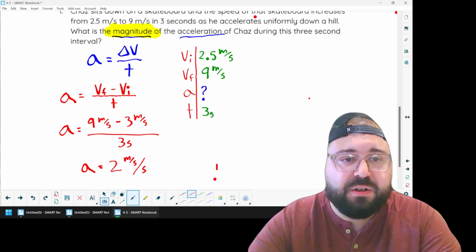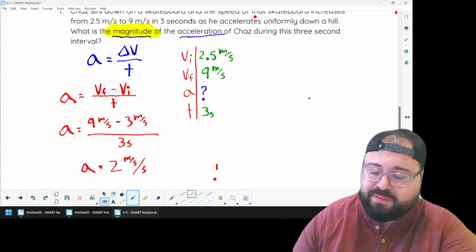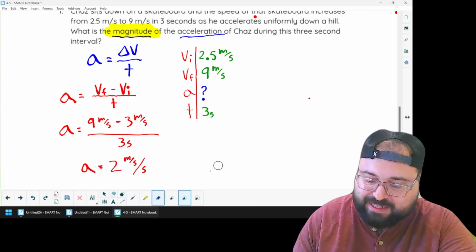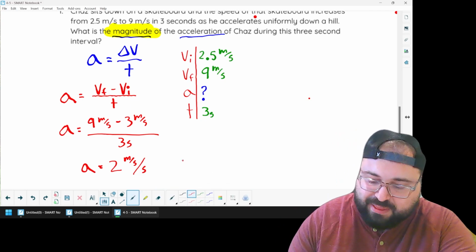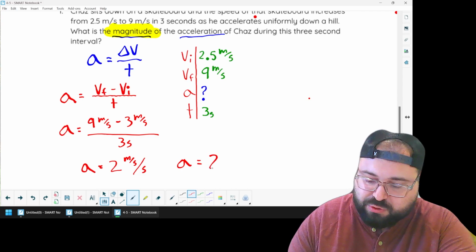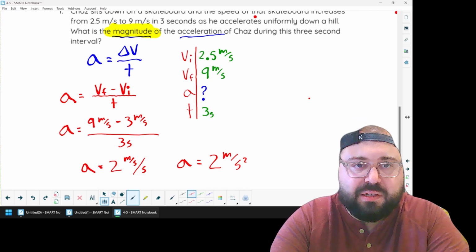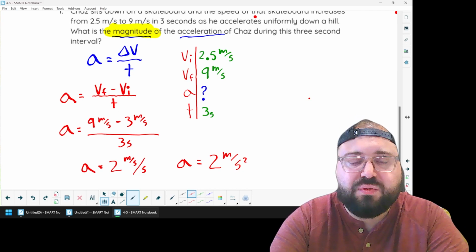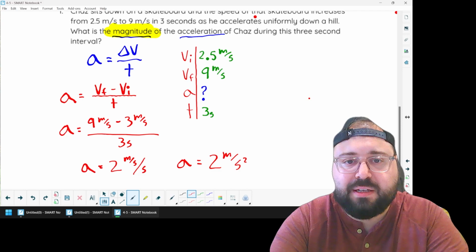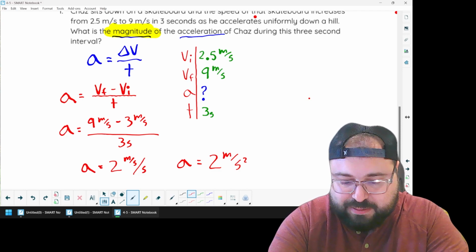So we have 2 meters per second per second. We're often going to write that a slightly different way. You'll often see us write that as a equals 2 meters per second squared. Those mean the exact same thing. So this means Chaz was increasing his velocity by 2 meters per second every second.